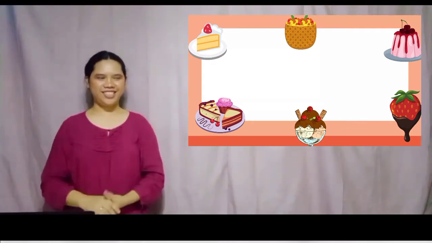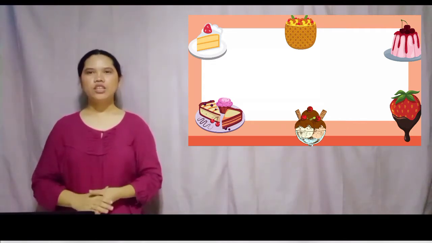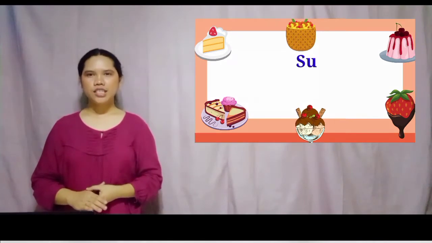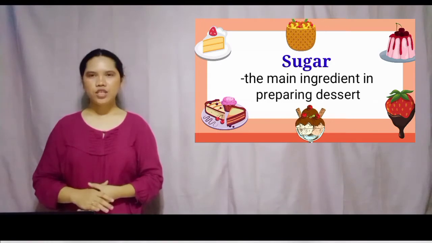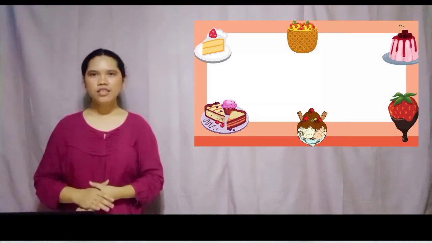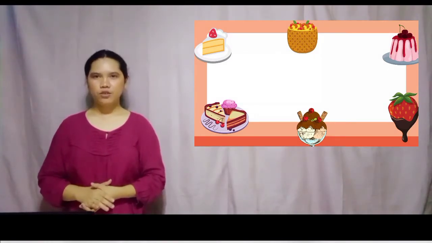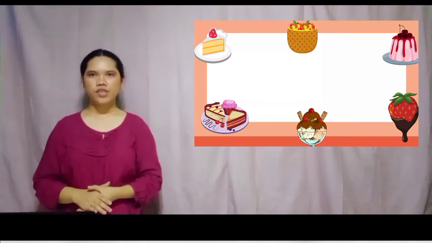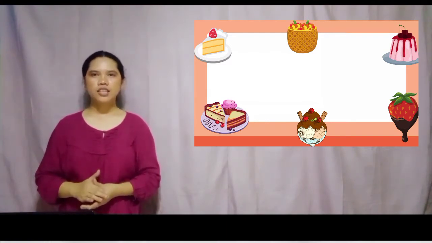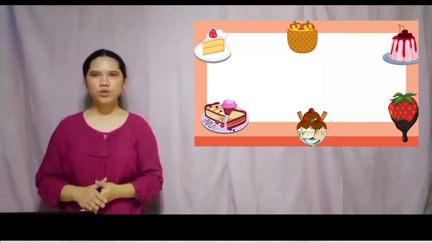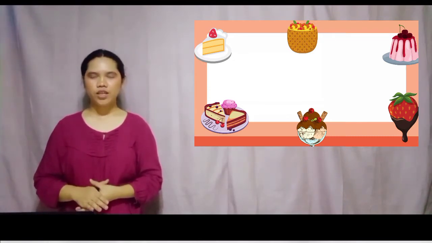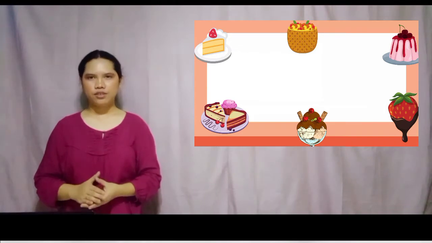Okay, Luis. Very good. Sugar is the main ingredient because desserts are mostly sweet. The primary ingredient used in preparing desserts is sugar. We can also use condensed milk to sweeten our desserts.